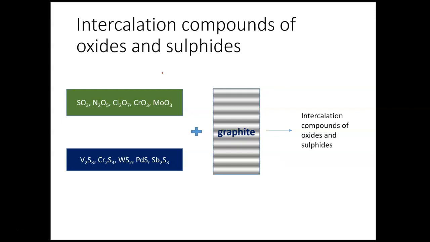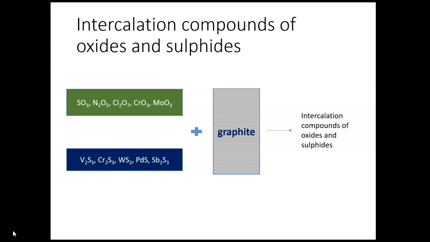Now moving further to the intercalation compounds of oxides and sulfides. Here also you will be having graphite. In between the graphitic layers, you will be incorporating the sulfides or oxides to form the corresponding intercalation compounds.